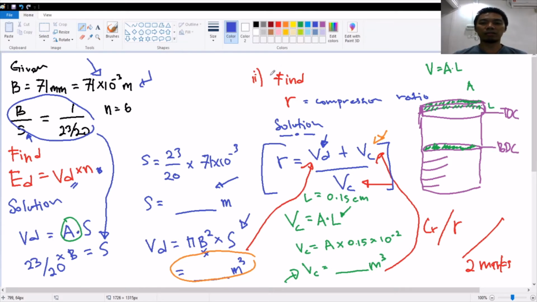So basically this question is asking you the compression ratio, which is actually a continuing question from question 1 to question 2.